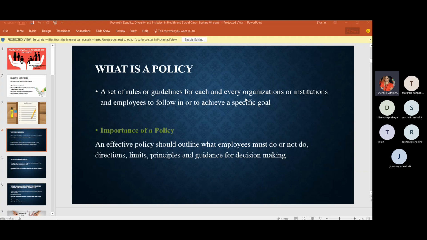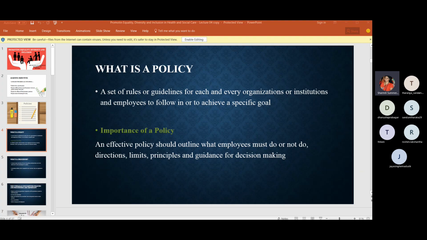So yeah, when we talk about policy, each and every institution needs to have separate rules, guidelines or regulations. These rules and guidelines are not the same for each organization, because when we talk about the healthcare sector, that means the hospital, the employees, the patients or the caretakers, and the employer are different.